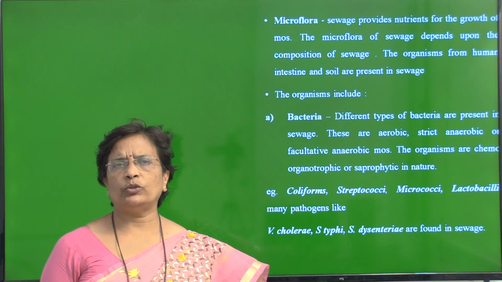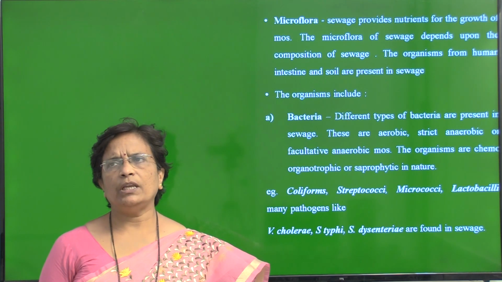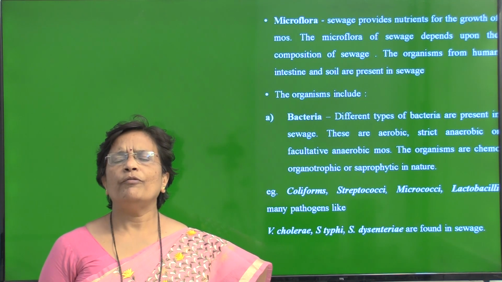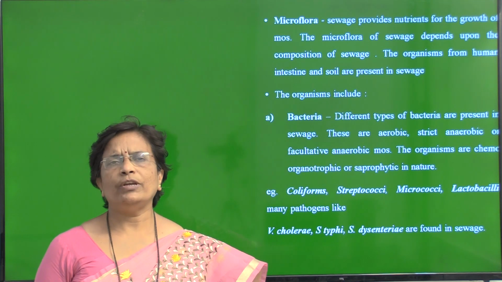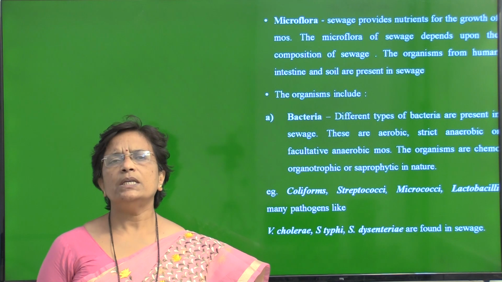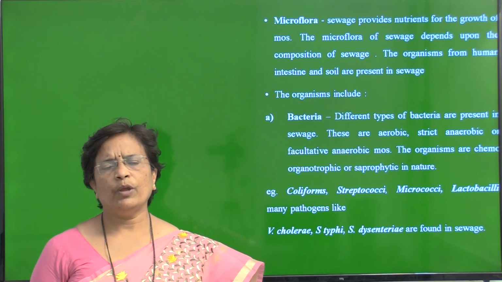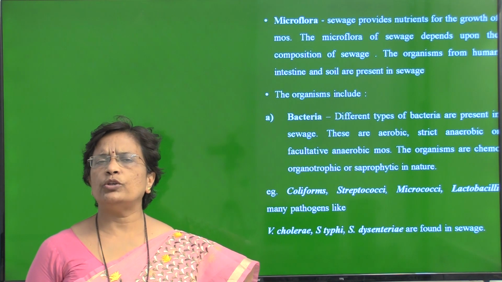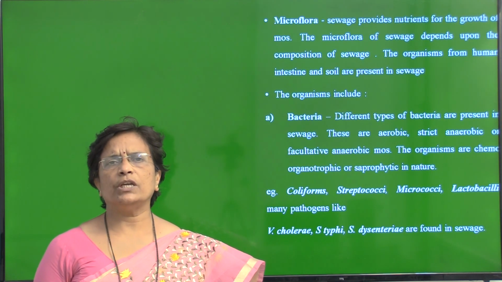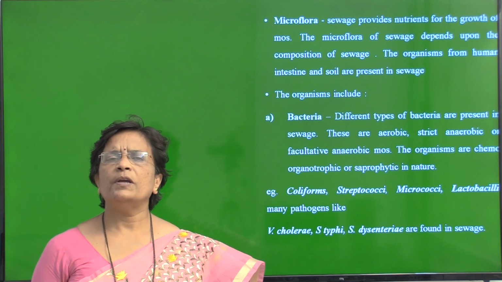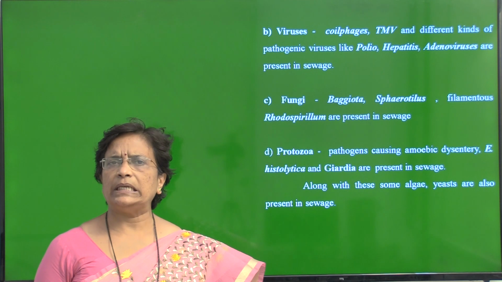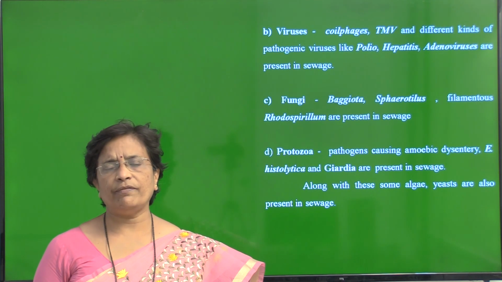and a number of different pathogens. Generally, the intestinal pathogens like Vibrio cholerae, which is the causative agent of cholera, Salmonella typhi, which is the causative agent of typhoid, and Shigella dysenteriae, which is the causative agent of bacillary dysentery, are generally present in sewage.